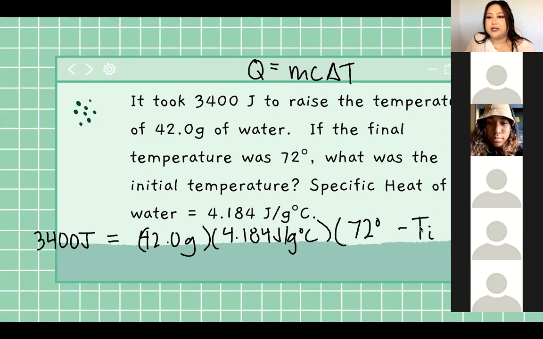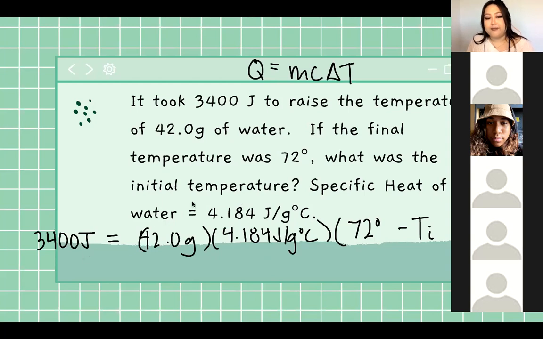Okay, so in order to isolate this variable, we would have to solve it as close as we can. So what would our first step be? Would we be able to divide 42.0 g and 4.184 joules over gram Celsius to the other side?